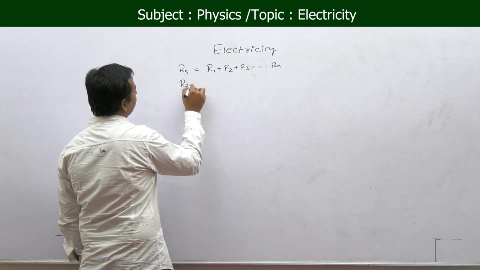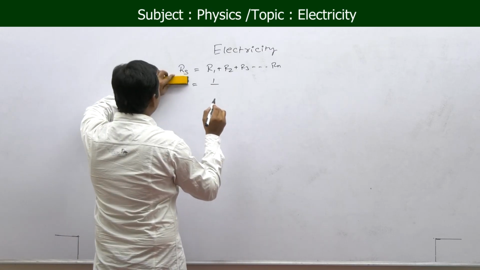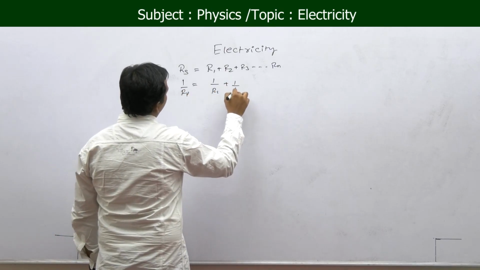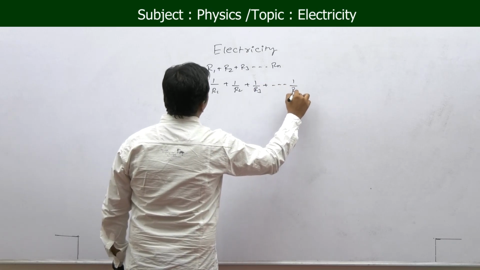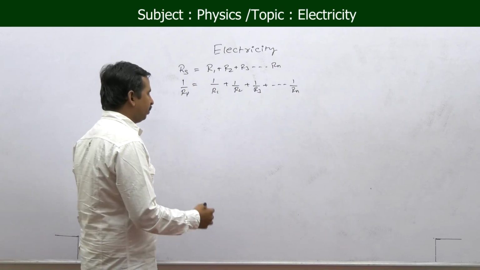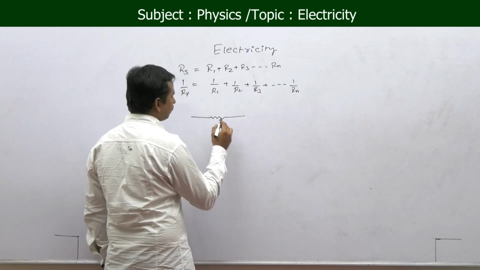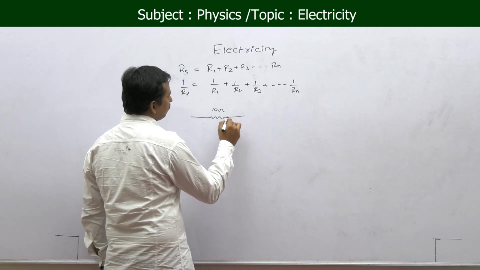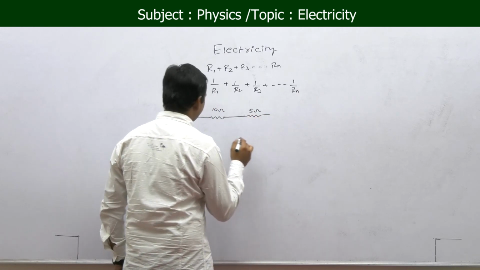Whereas if it is a parallel connection, we got the reciprocals: 1 by Rp is equal to 1 by R1 plus 1 by R2 plus 1 by R3 and so on up to 1 by Rn. Then in this case, now we are taking an example with a simple circuit, with two resistors, of which one has 10 ohms resistance and the other has 5 ohms resistance.